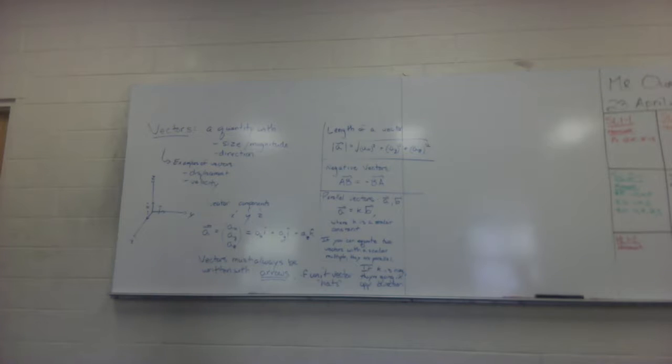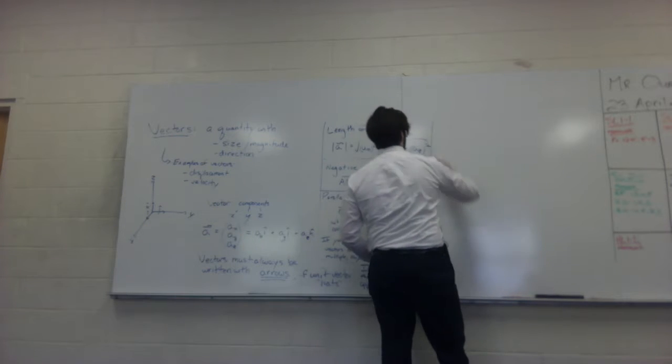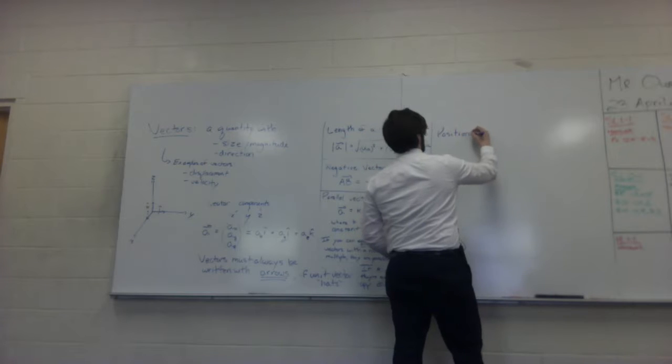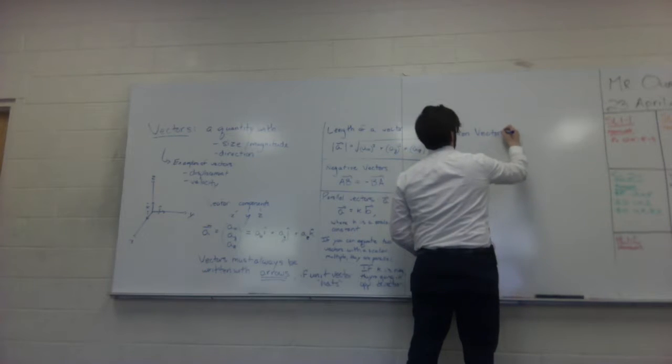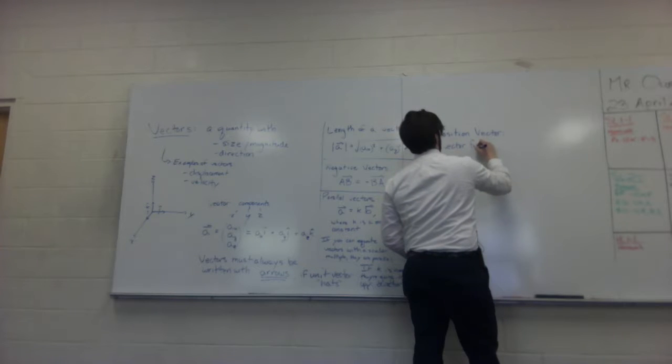Before we talk about resultant vectors, what would we have to talk about before that? Position vectors. Good. What does a position vector mean? What do we use it for? It's the vector from the origin to a point.